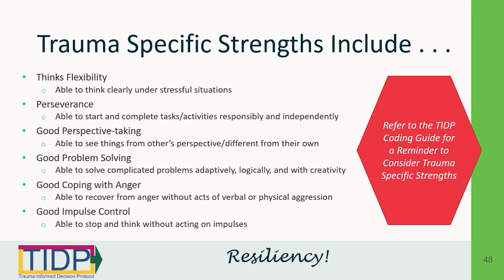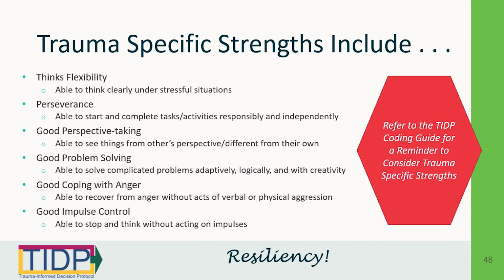Related to the top two is a trauma-specific strength of good perspective taking. That is a youth who is able to see things from another person's perspective that's different from their own, even with a past history of traumatic event exposures or trauma reactions.